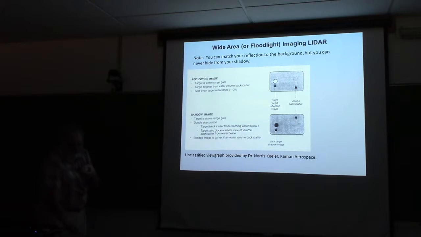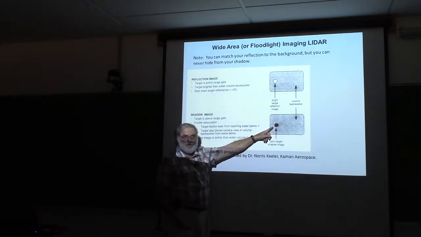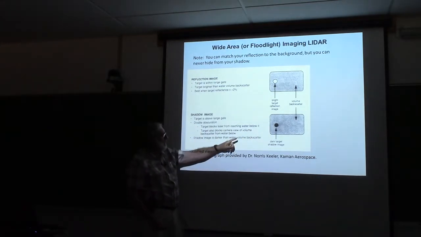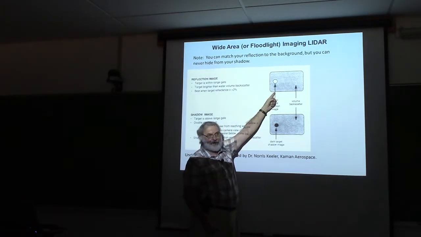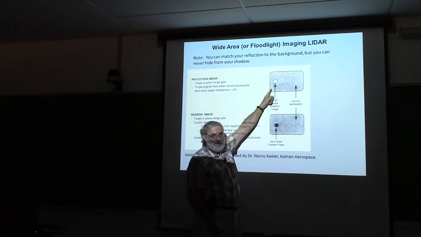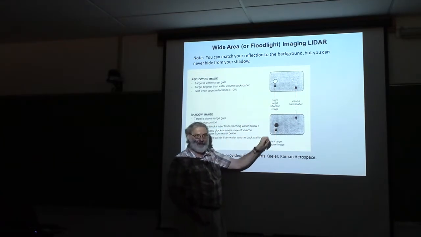But if your range gating is looking at a depth greater than the target, it doesn't disappear, because the target is blocking the light from getting down there and being returned, and you actually have a dark target. So the moral of the story is you can match your reflectance to the background and disappear when you're range gated right at the target, but you can never hide from your shadow.